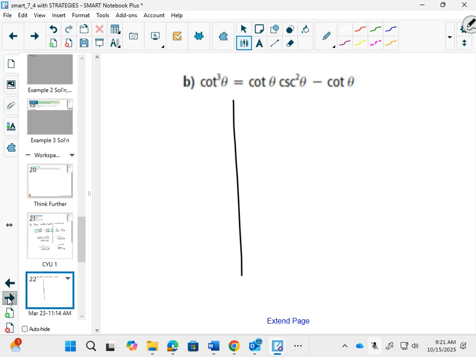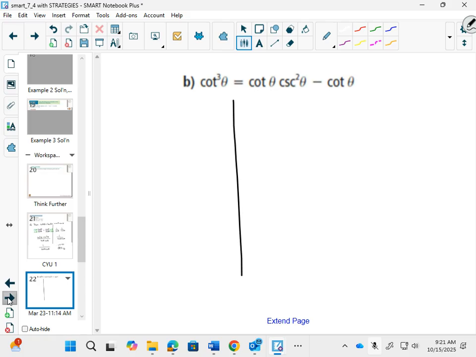And on the other side, I have cotangent, I have cosecant squared, and I have minus cotangent. This one, I would analyze a little bit. Because yes, you can change things to sine and cosine, and you can prove this one. And it will work perfectly fine, but I'll warn you that it will be a little bit long and a little bit annoying that way.